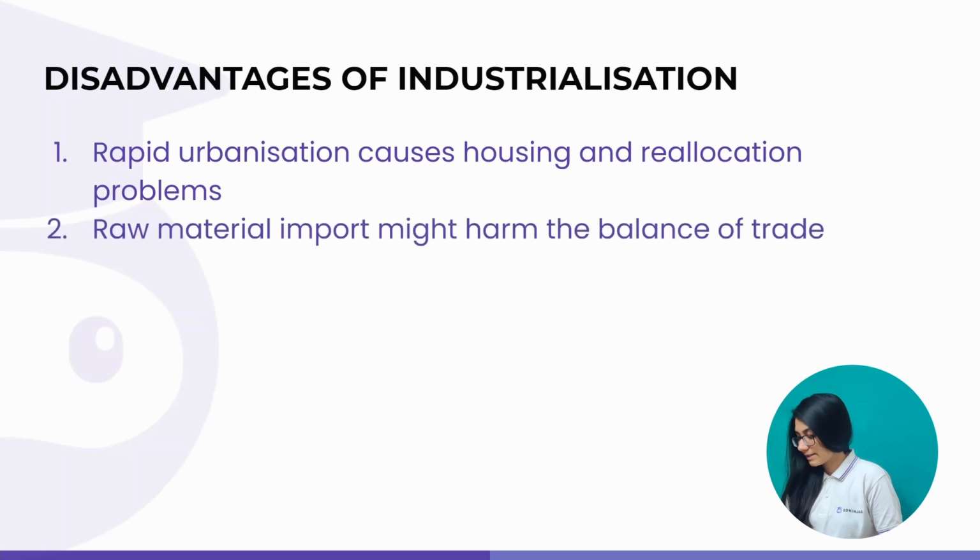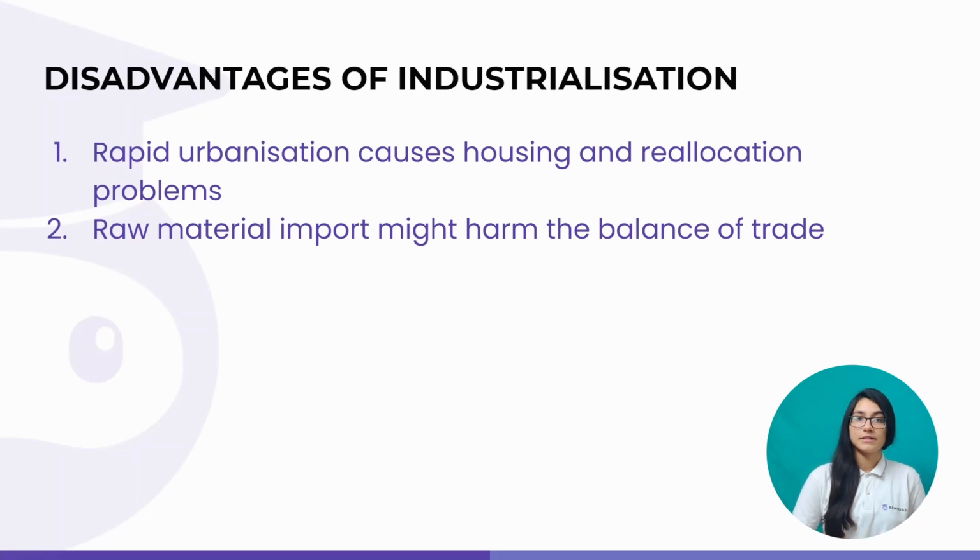Second, raw material imports might harm the balance of trade. What this means is that if your economy has started producing more manufactured goods, it means that it might need more raw materials than it is currently producing. And this can be possible because, as we have noted before, the importance of the primary sector has declined.